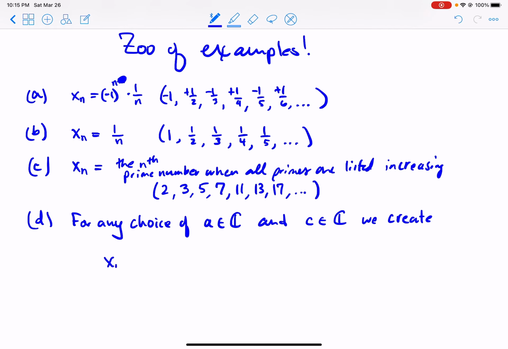Well, the nth term is just going to be A times C to the n, where I'm just raising C to the n, and A is just sort of like an overall scaling. You could imagine a sequence that was the other way around, C times A to the n, and that would be fine. That's absolutely fine. We're just naming these whatever we want.